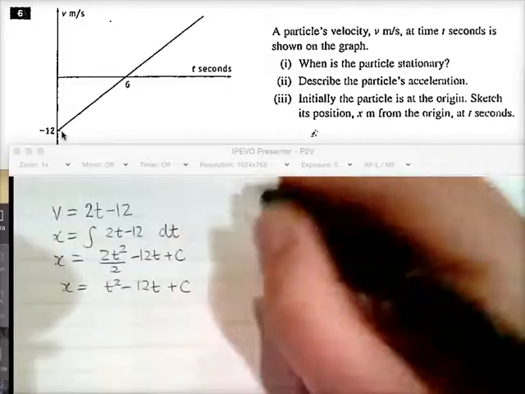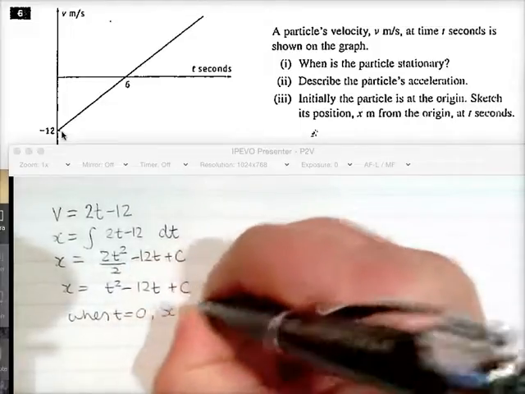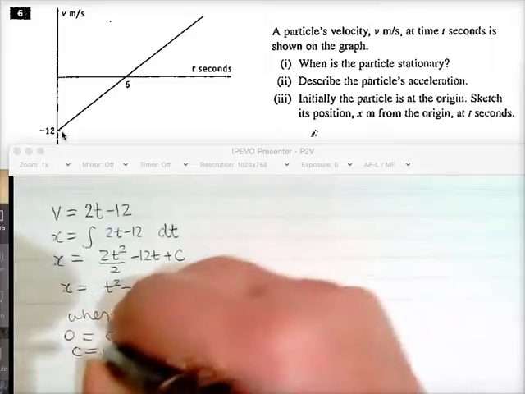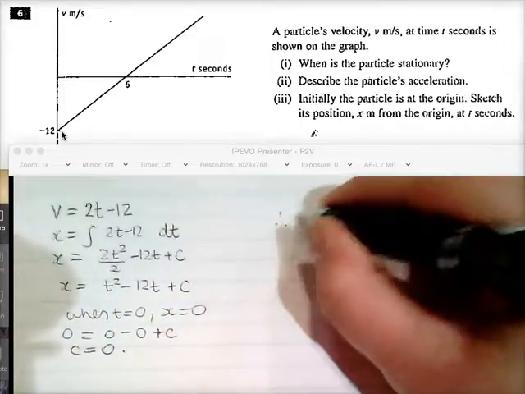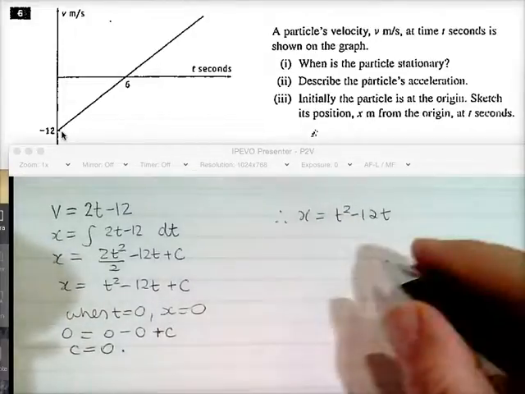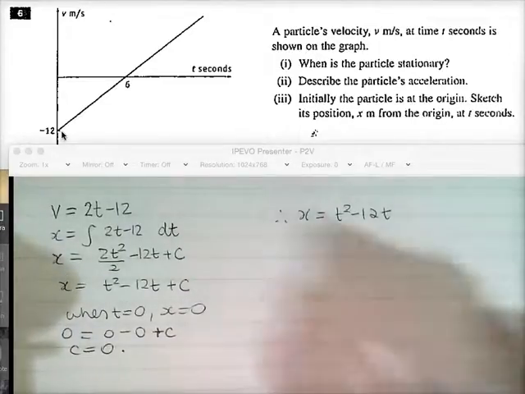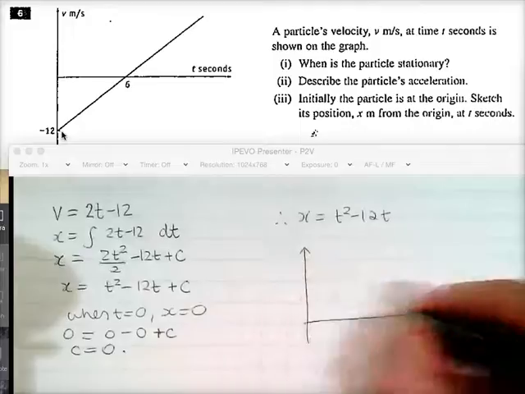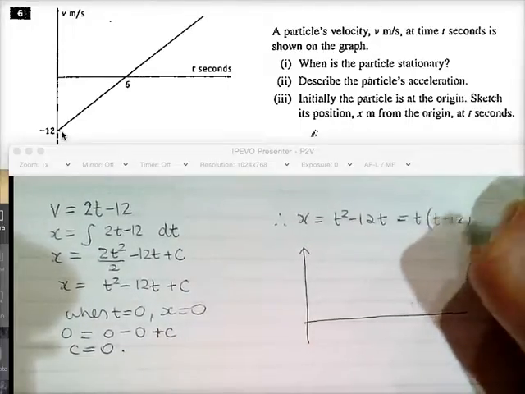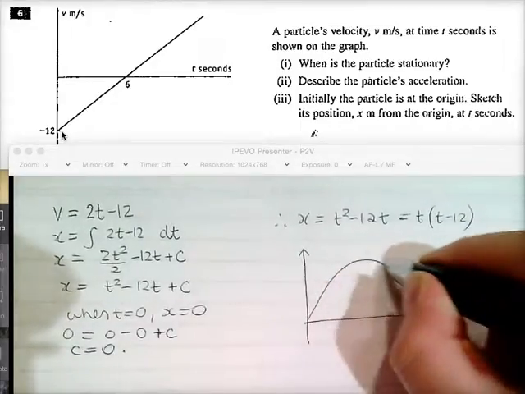Now we've been told that initially the particle is at the origin, so when t is 0, x is 0, therefore c is 0. So the equation is x equals t squared minus 12t. That is the equation for the displacement. If you factorize it, you get t(t minus 12).